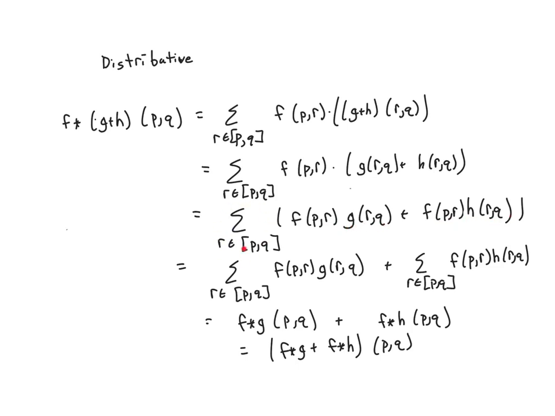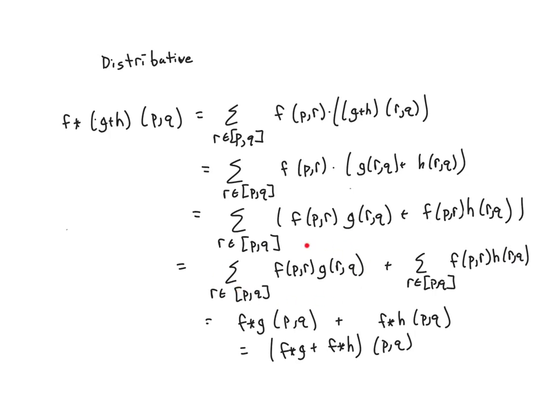Addition is commutative, so I can separate this summation into two separate summations. I group all these first terms together, summing over all r, f(pr)g(rq), plus I group all these second terms together, summing over all r, f(pr)h(rq).